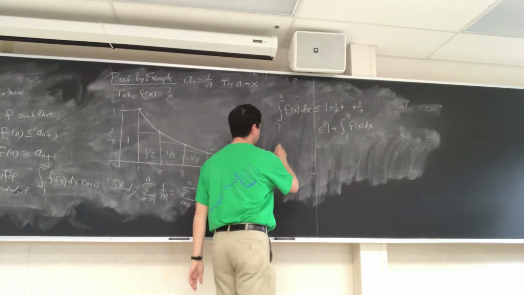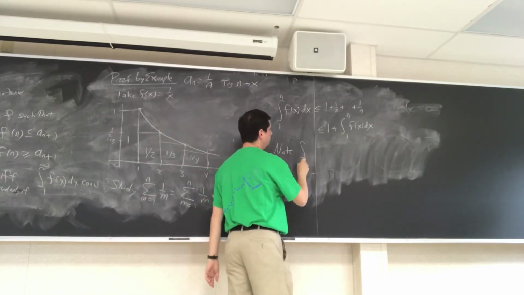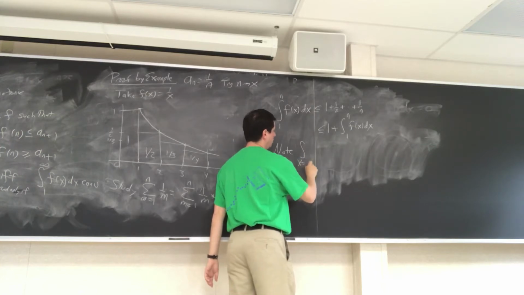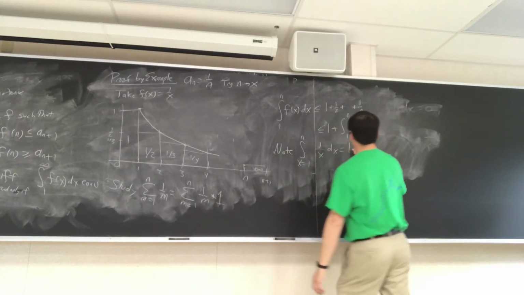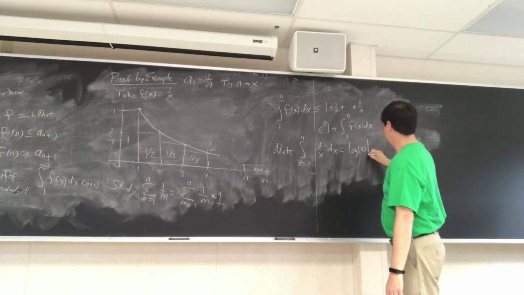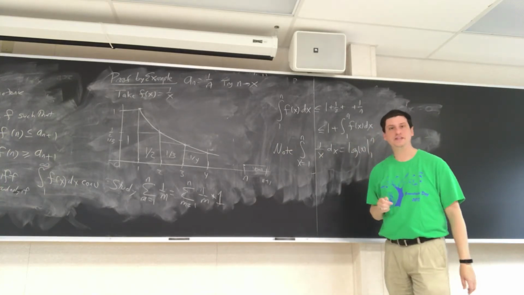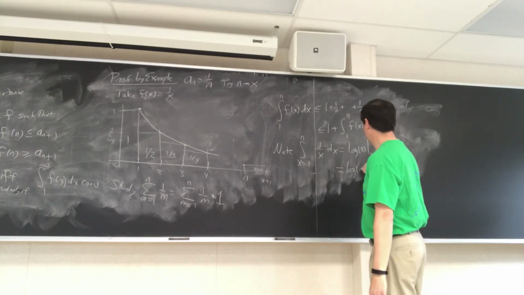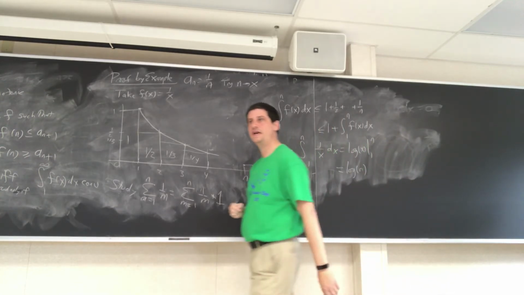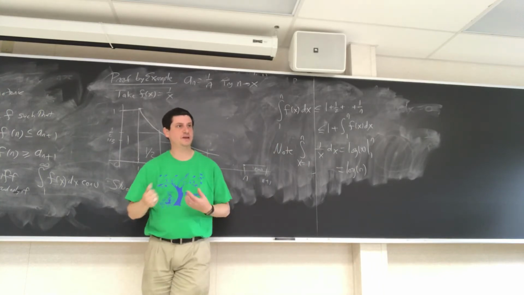And so now we note that the integral from x equals 1 to n of 1 over x dx is just the natural log of x evaluated from 1 to n. The natural log of 1 is 0, so you get that this is just the log of n. And that will give you that the harmonic series diverges.